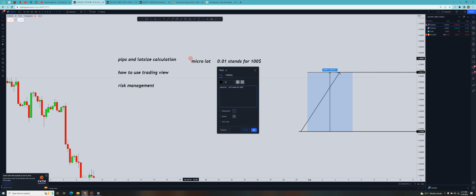Just hold on so I can explain better. $1,000. Then we have the mini lot, which is 0.10, stands for $10,000.